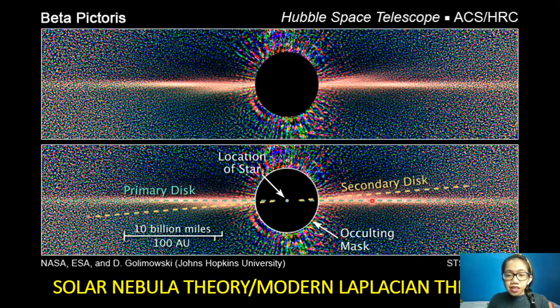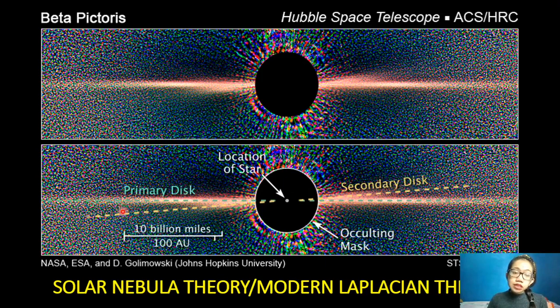What they can see are two formations of accretion disks. We have the primary disk, which contains gas and dust particles still spinning around in space, and then you have the secondary disk.